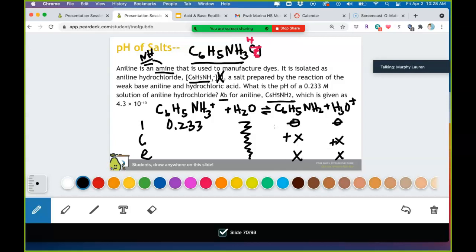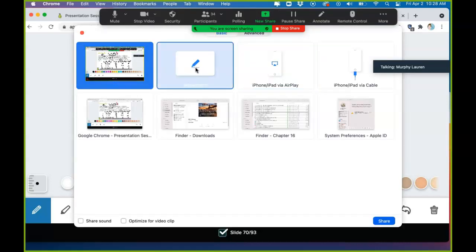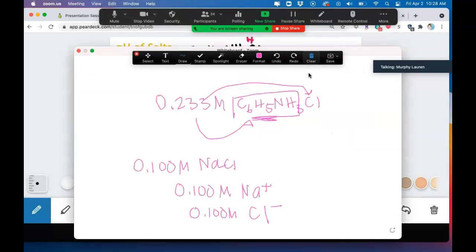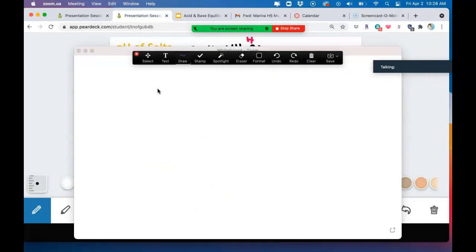And everything is 1 to 1 to 1. Okay. Well, now I need to set up my equilibrium expression. So K equals products over reactants raised to their respective coefficients.